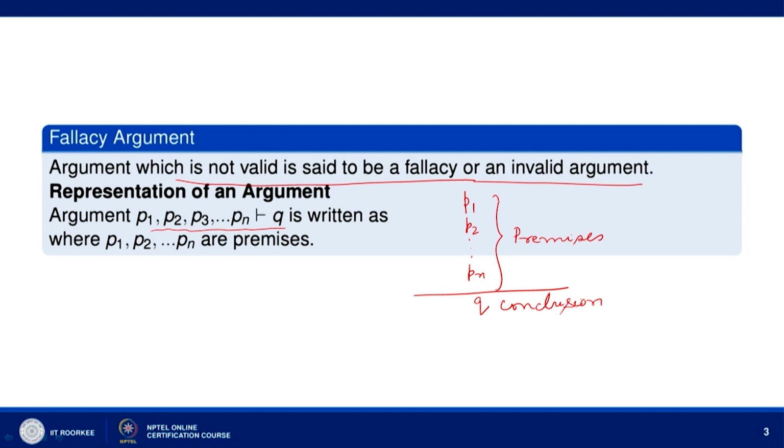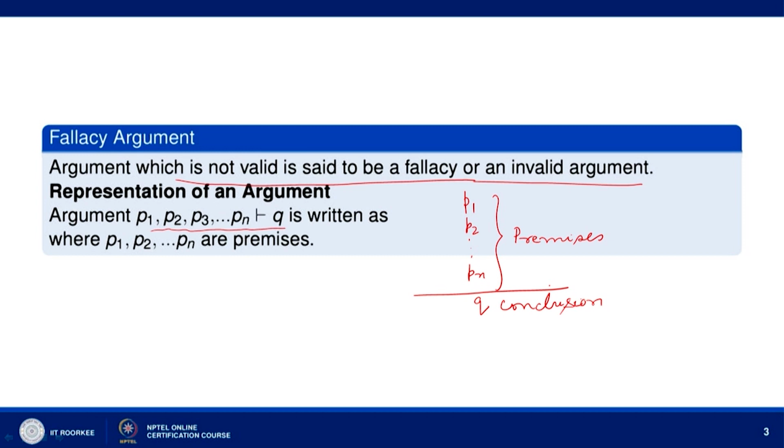So, we write premises P1, P2, Pn, and above the conclusion we write this horizontal line. This is how we denote the argument P1, P2, P3, Pn gives Q, where Q is the conclusion.